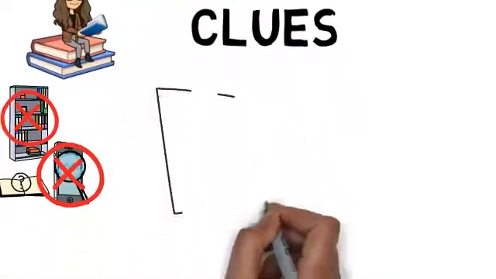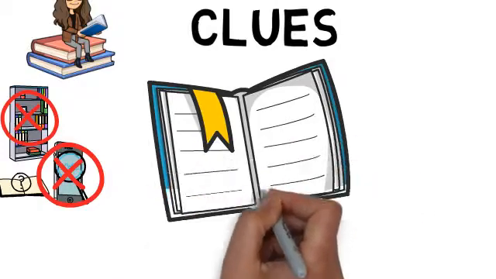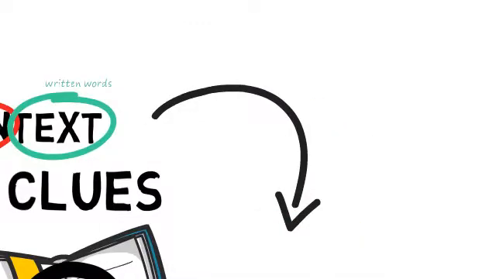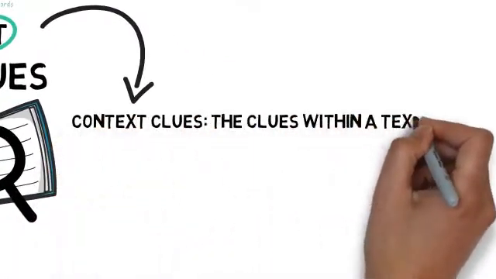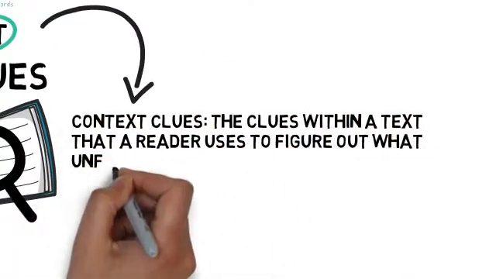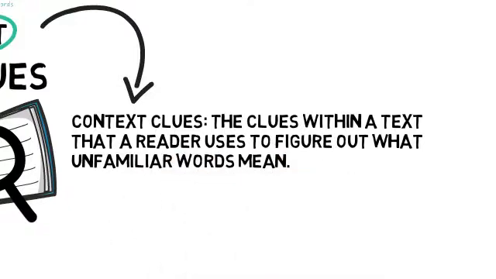We also know that clues are things that we find in our everyday life that help us solve a problem or a mystery. So when you put the whole word together, context clues are the clues within a text that a reader uses to figure out what an unfamiliar word means.